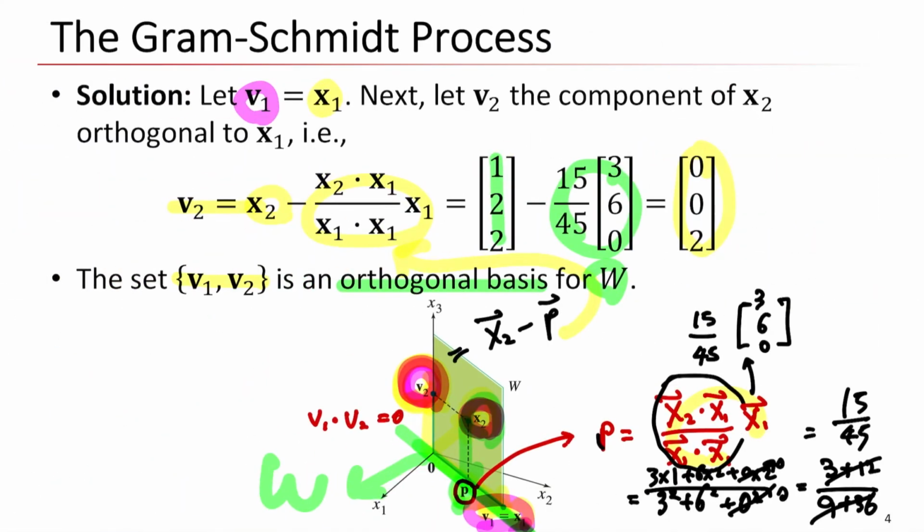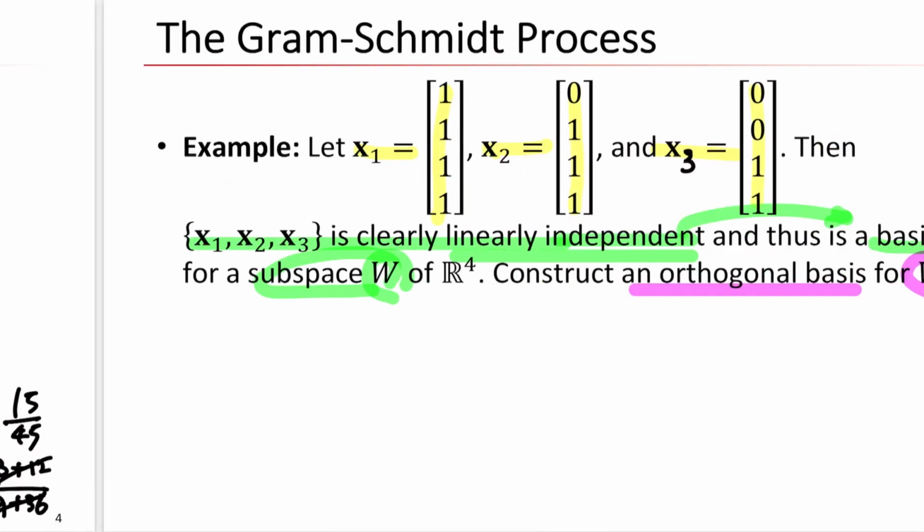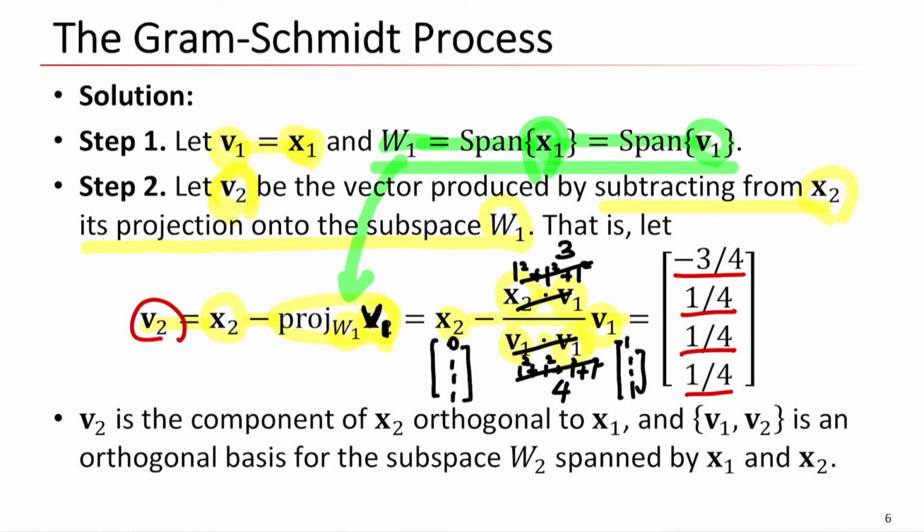So finally v2 is equal to something like this, right? As you can see here, we found v1 and v2, and v2 is the component of x2 orthogonal to x1. So let's draw the figure.